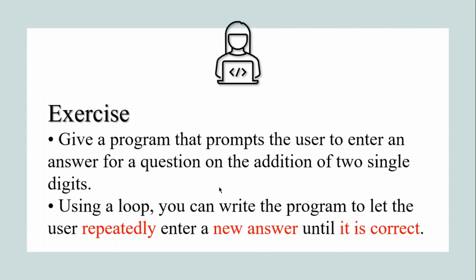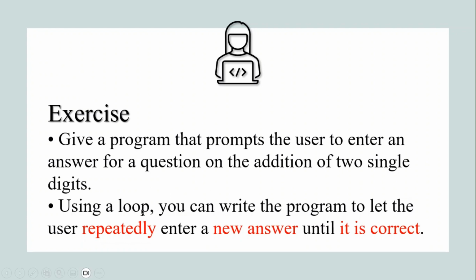To understand more about while loops in Java, we need to do an exercise. Write a program that prompts the user to enter an answer for a question on the addition of two single digits. We can do this step by using the random function from the Math class, or we can just put any two single digits.